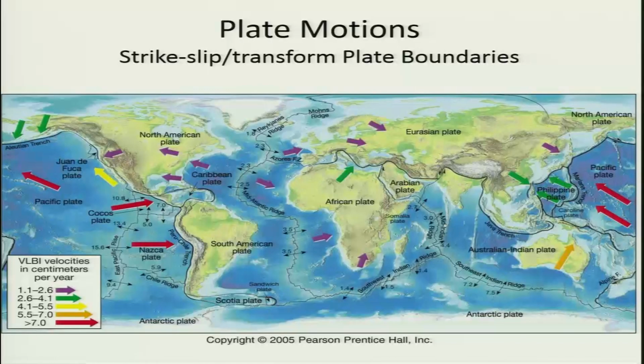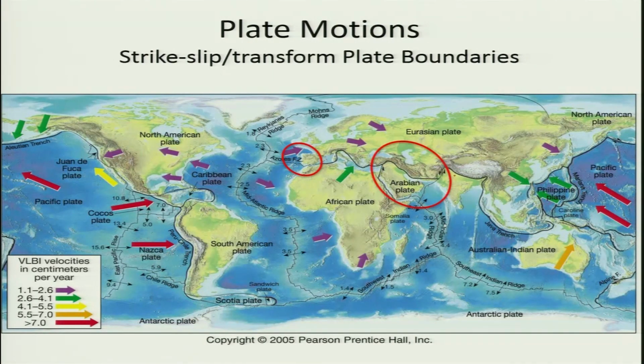So the major sites, in terms of plate boundaries, where we see strike slip motion or transform plate boundaries are located, for example, here in the Mediterranean region, close to Algeria.